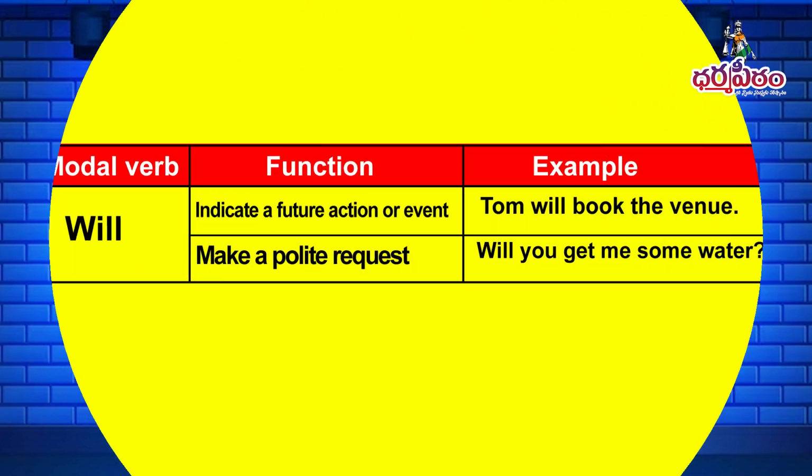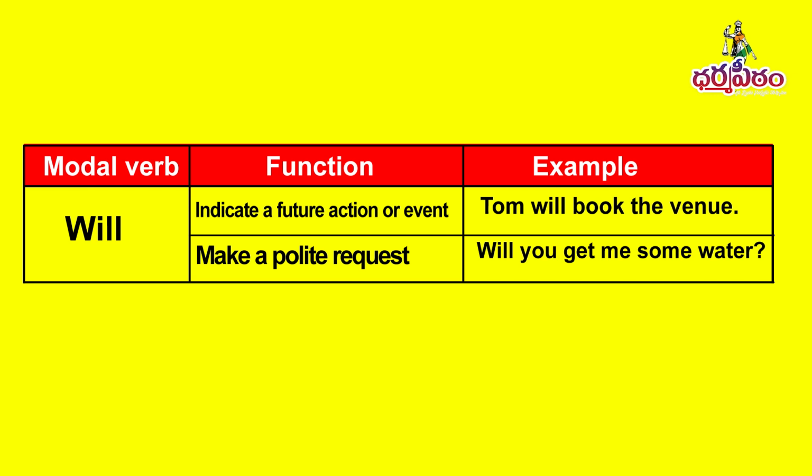Now, will. Will is usually used to express a simple future tense or any future tense, except when the first personal pronoun comes as a subject, right? So we say he will be eating, he will eat, he will have been eating, he will have eaten, isn't it?